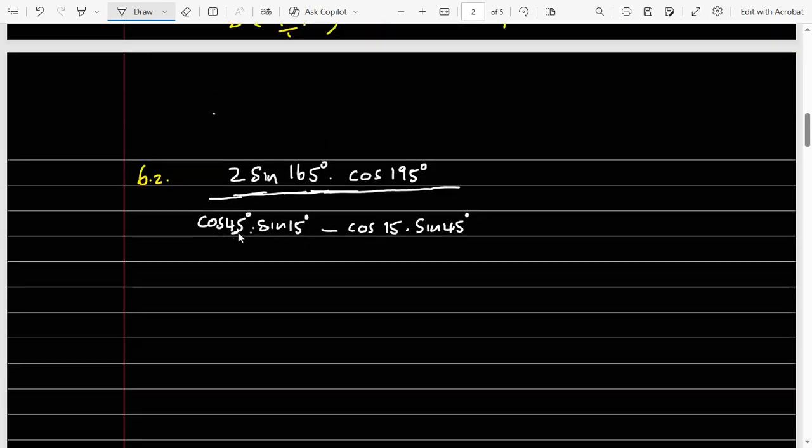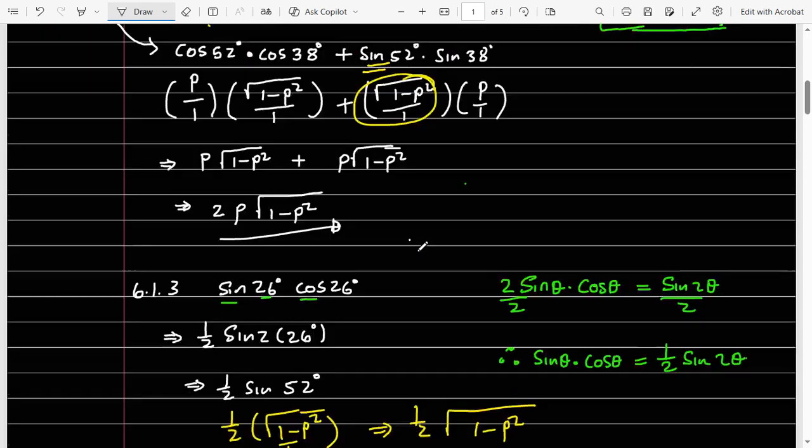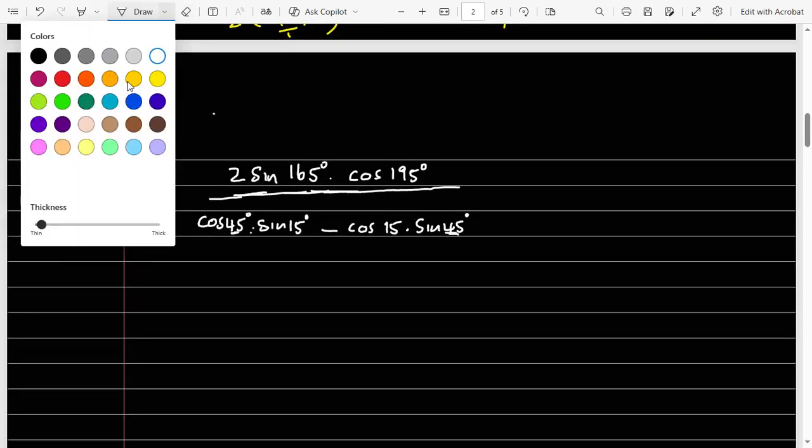The cos 45, the sine 45. So this is a double angle for sine. I hope you understand that. And if it's a double angle for sine, oh, this is cos 45, sine 15, so it is different to this one. This one was for cos, and then I'll definitely write it down with the one for sine.